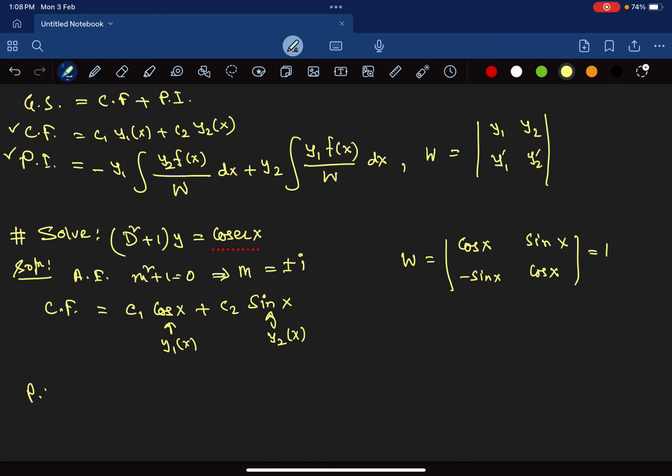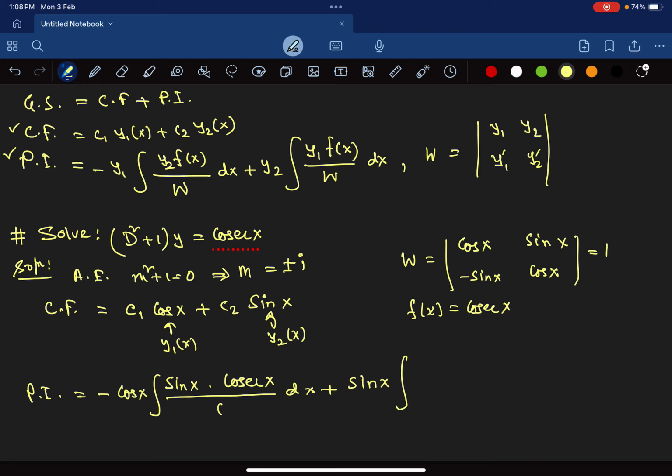So the particular integral is given by minus y1, that is cos x, integral of y2, that is sin x, times f(x), that is cosec x, divided by the Wronskian value 1, dx, plus sin x times the integral of y1, that is cos x, into cosec x by 1, dx.